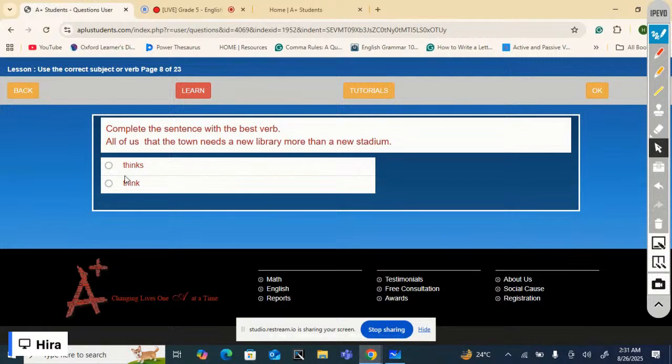Now all of us, again plural subject, means used for more than one person. So all of us is a plural subject. So use a plural verb which does not end in s or es. So think is a plural verb and the subject agrees with the verb. All of us think.